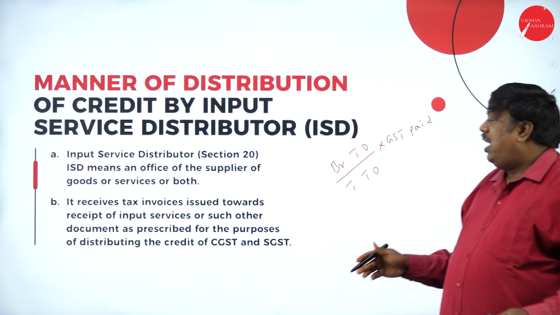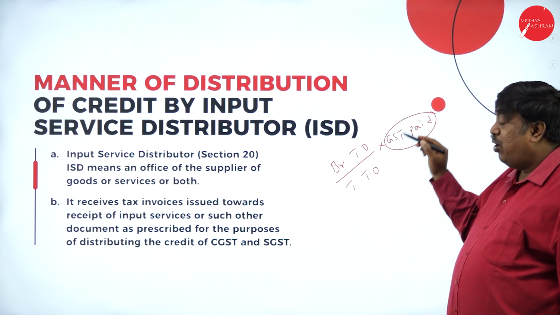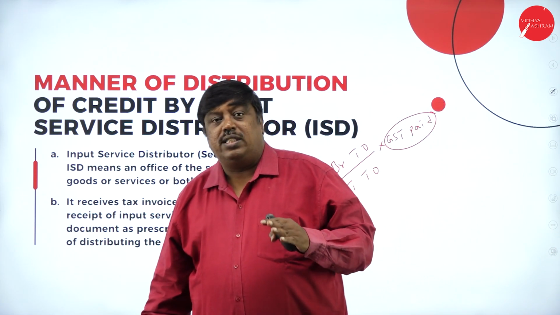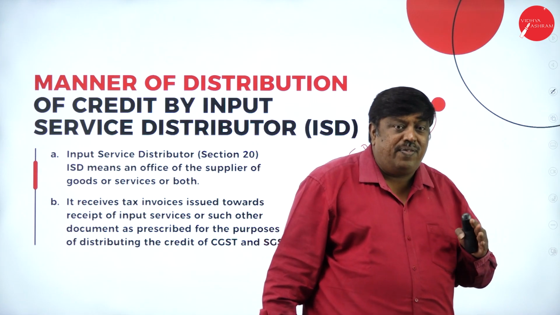Whatever the amount paid by the head office, the total amount will be paid by the head office on all the turnovers, and it gets the input tax credit benefits here.